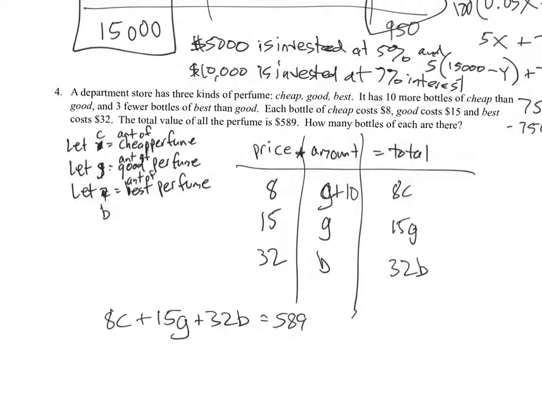There are 3 fewer bottles of best than good. So B is G minus 3.